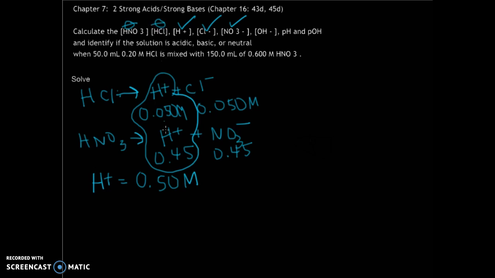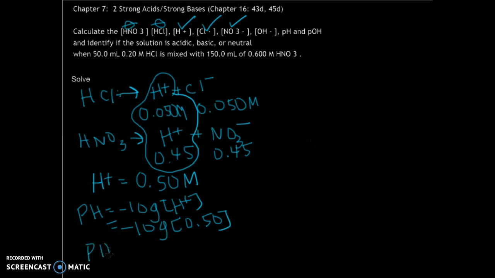Okay? All right. At this point, you have many different routes to go to get OH minus, pH, and pOH. There's multiple routes. It does not matter the order that you go in. So the first thing I'm going to do is solve for pH. I have H plus, so I can find pH. pH is the opposite of the log of 0.50.